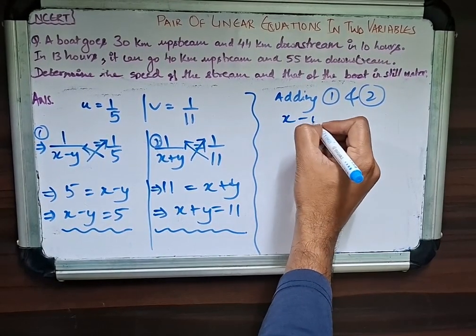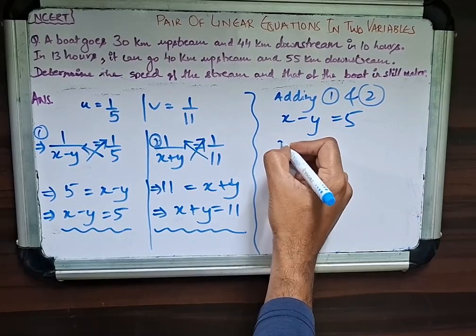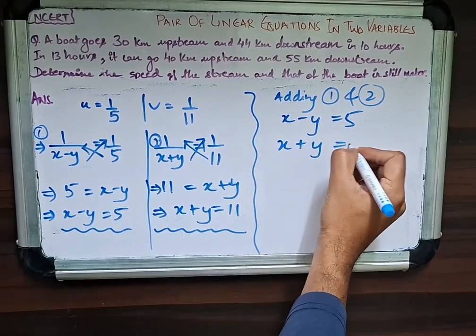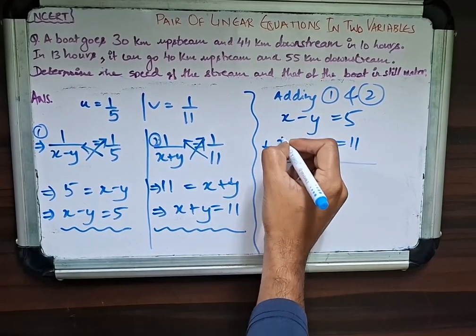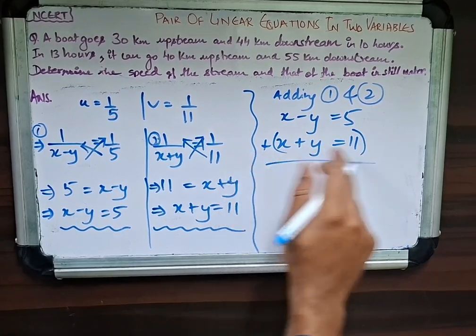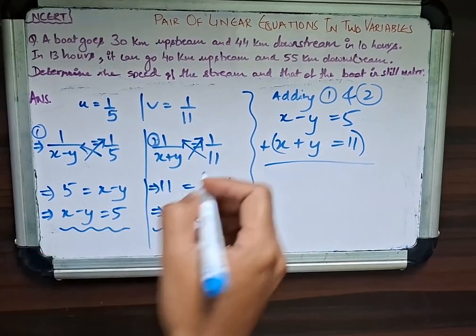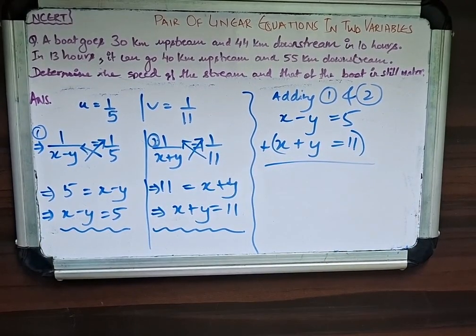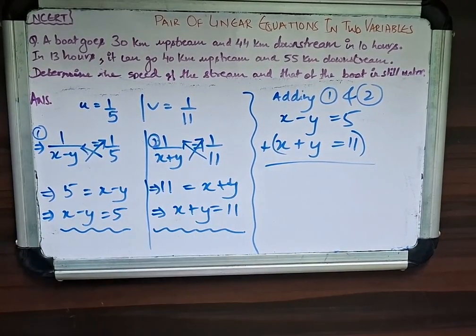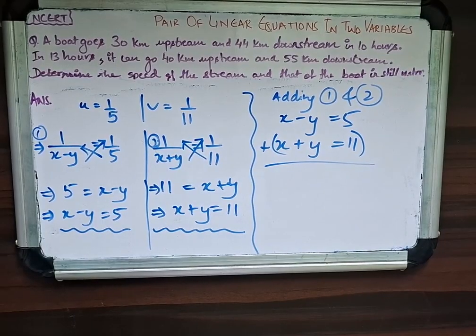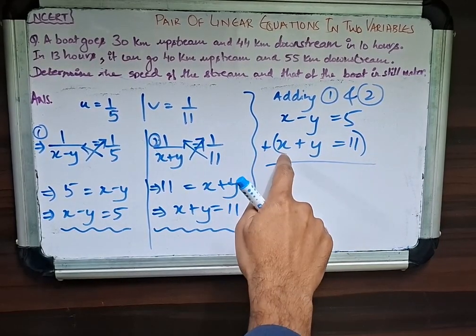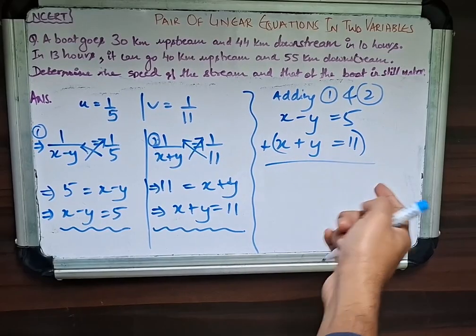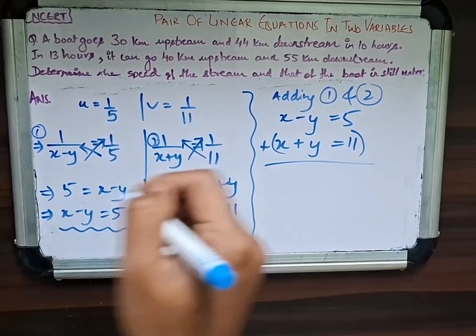Adding 1 and 2, we will get, plus will not make a difference. The signs will stay the same. Plus times plus is plus, plus times plus is plus, plus times plus is plus.